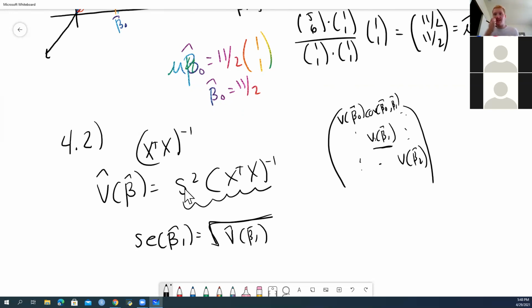So to do hypothesis testing, all you need to do is take the standard error, and then the only other thing you need is the t distribution, which is going to be t of n minus p minus 1, where p is the number of parameters.